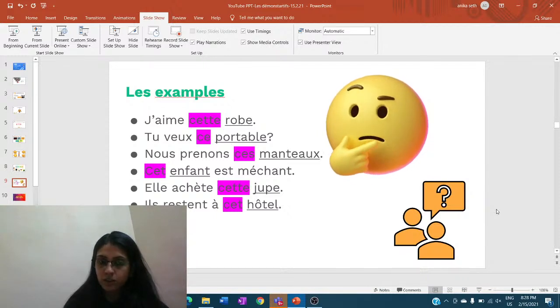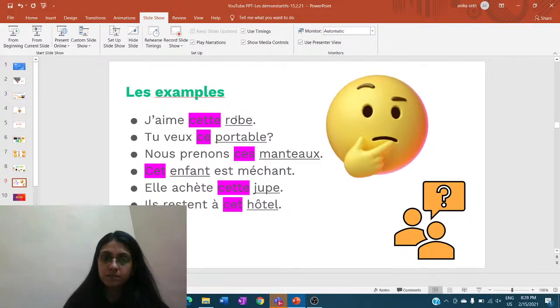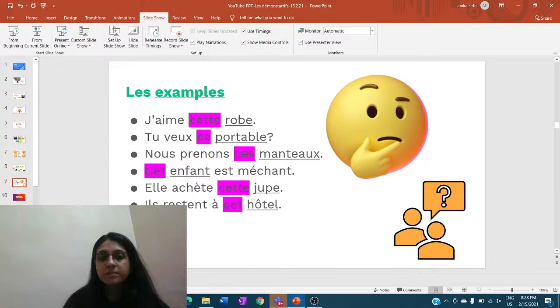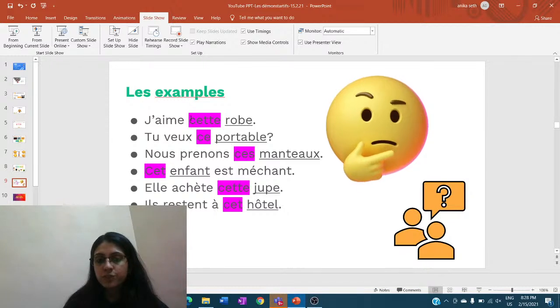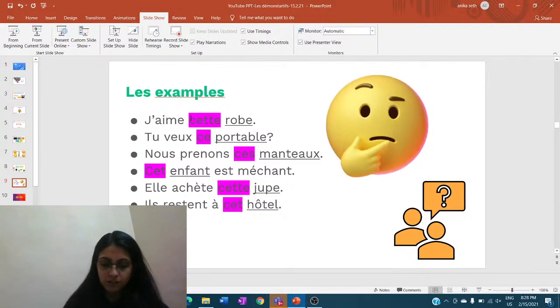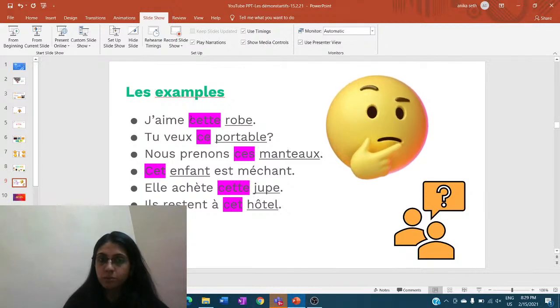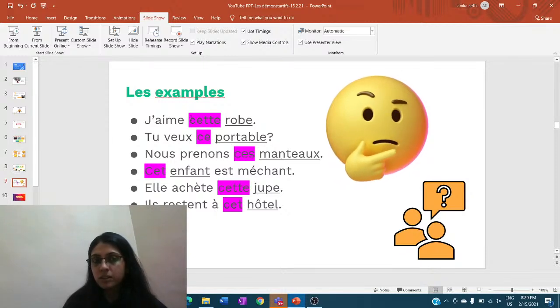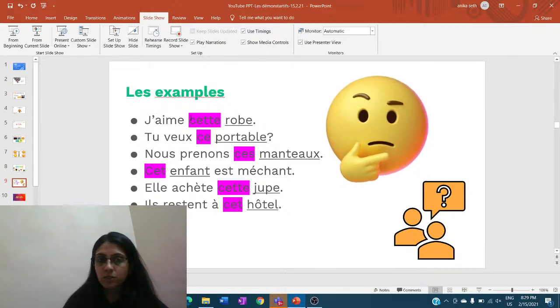Then tu veux ce portable. Portable, masculine singular noun. We will use CE as the demonstrative adjective. So, cette robe, ce portable, cette for feminine singular, ce for masculine singular.